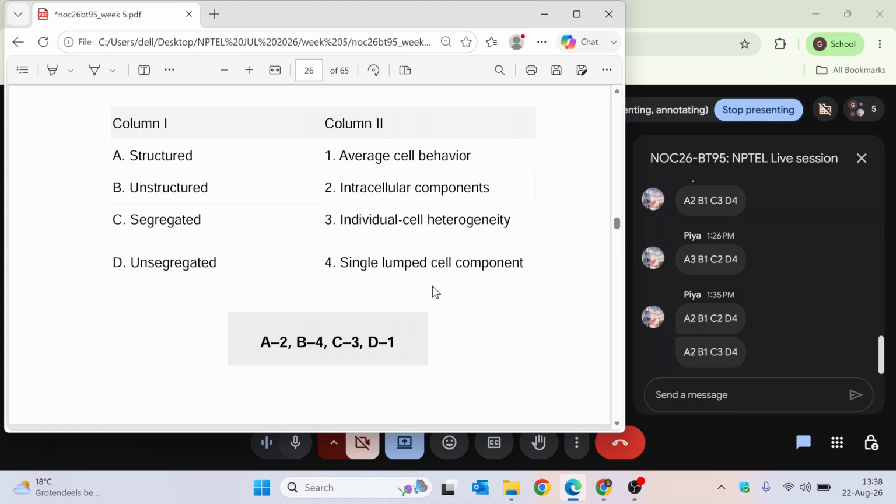All this heterogeneity is accounted for in the segregated model, whereas in unsegregated models, all the individuals in a population are considered to be single uniform lumped systems. So all over the reactor system, all the biomass present is considered as uniform lumped biomass. So an unsegregated model pairs with a single lumped cell component.